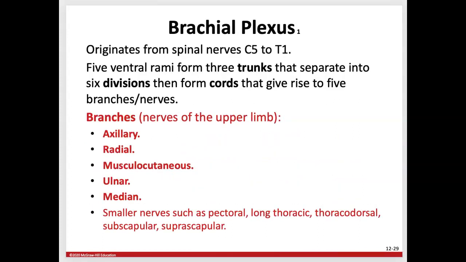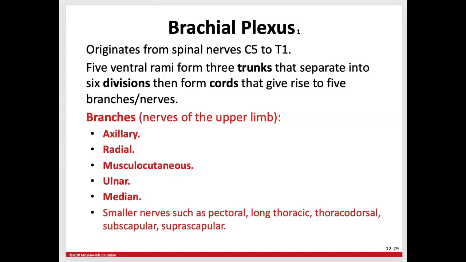So on the test, I'm not going to ask you where the plexus originates from, but you should know that the brachial plexus has some branches, including the axillary, radial, musculocutaneous, ulnar, and median.